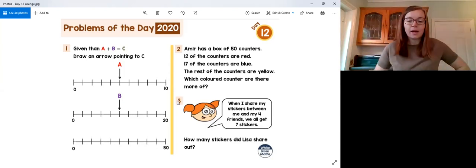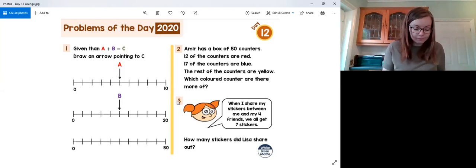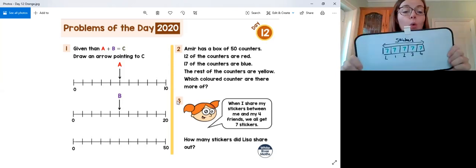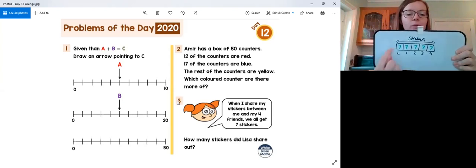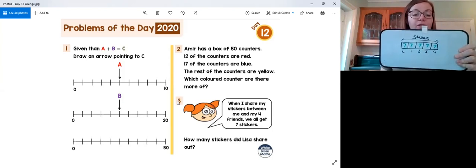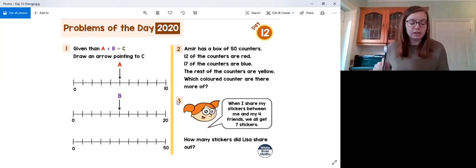Okay. And if all of them are given 7 stickers, and they are a good friendship group, they've shared them out equally, so they have all got 7, we can now see we filled the bar. So we can do 1, 2, 3, 4, 5 lots of 7 to get our total stickers.